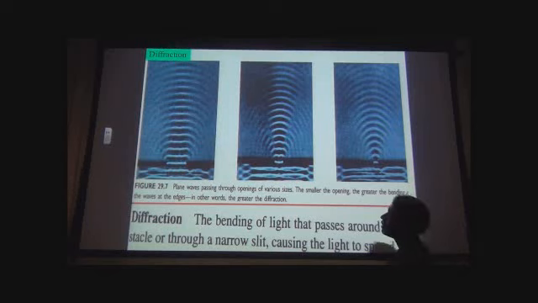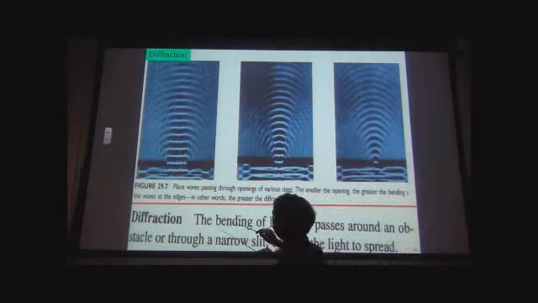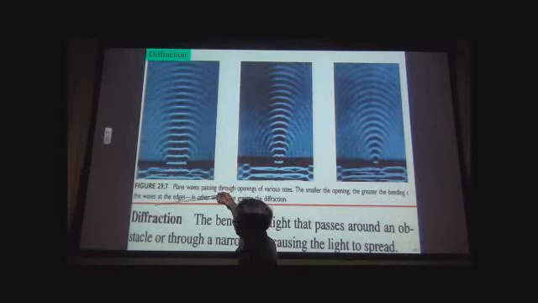Okay, so introducing the concept of diffraction. We mentioned diffraction briefly in a previous class, and we said that diffraction was a phenomenon where light could travel around corners. It looks as if light or waves or energy can travel around a corner. Think of this as a pool of water or the ocean where you've got waves coming in.